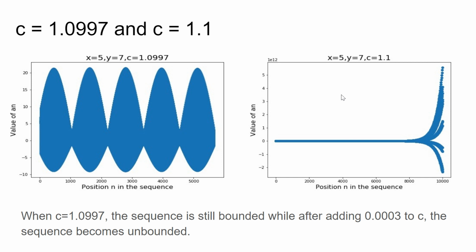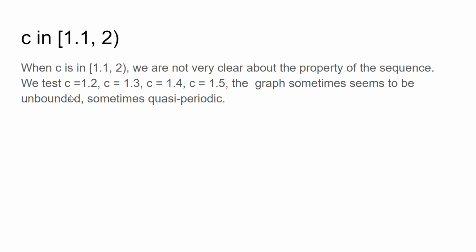Also, in the second graph, when c equals 1.1, the sequence is unbounded, and I also guess that the value 1.1 is the boundary value between unboundedness and boundedness. I further test several cases, 1.2, 1.3, 1.4, 1.5, and actually it doesn't make sense.